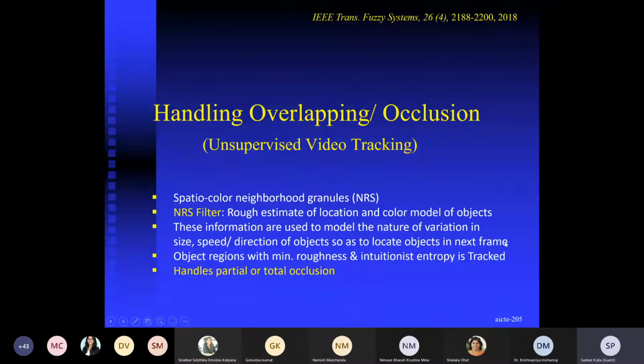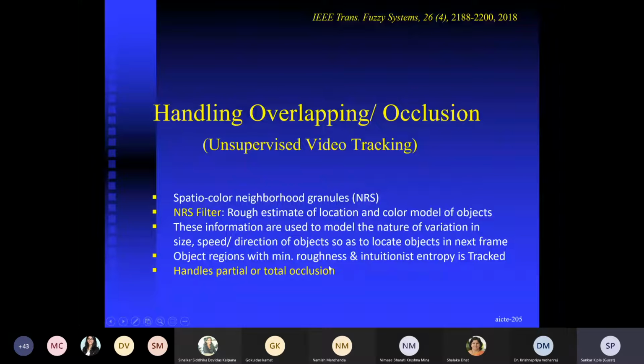And the next frame, again, is characterized by lower and upper. Lower means definitely, and upper means definitely as well as possibly. And in the object regions with minimum roughness, I'll just track it as my tracked region.